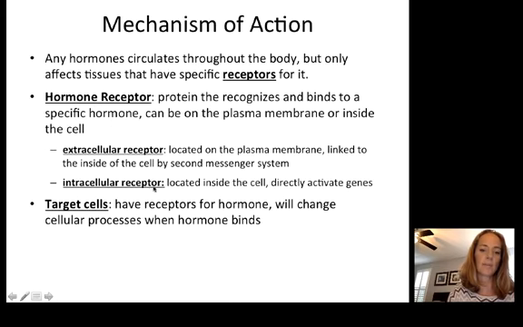These intracellular receptors will be at or near the nucleus and near the DNA to directly change gene activity. The target cells have to have receptors for that specific hormone so that they can change cellular processes when they get the hormone signal. If they do not have the receptor, they will not change in response to the hormone nearby.